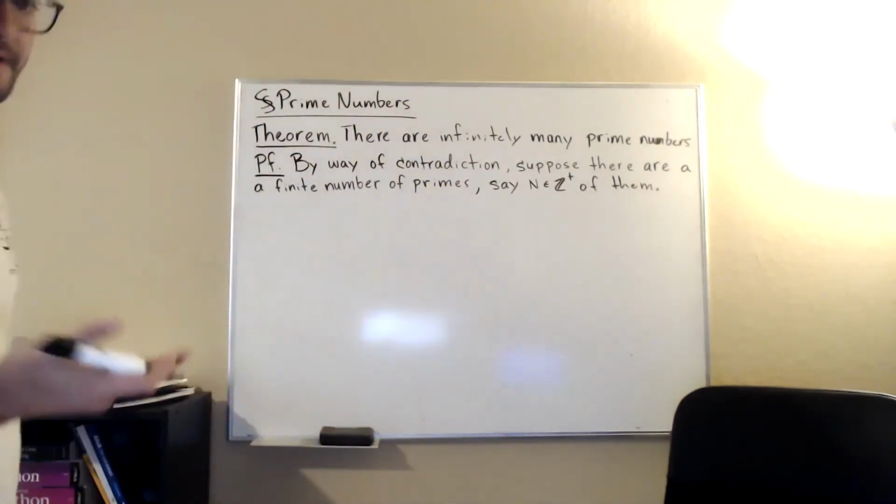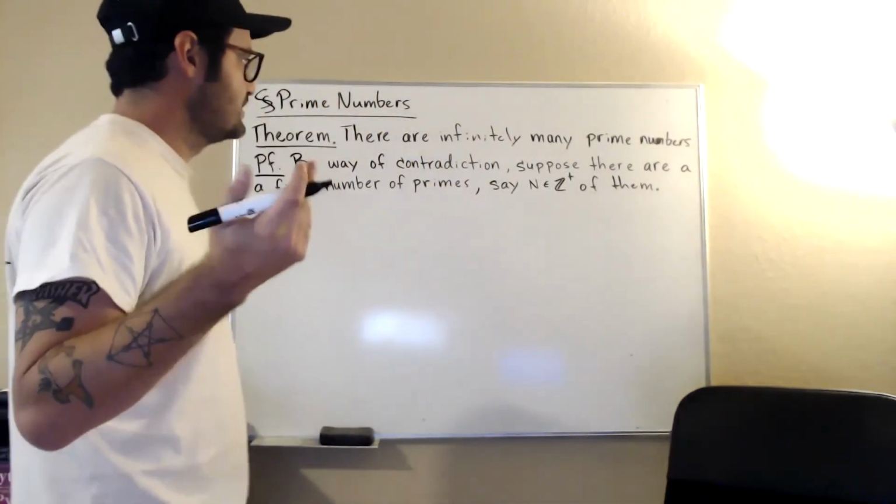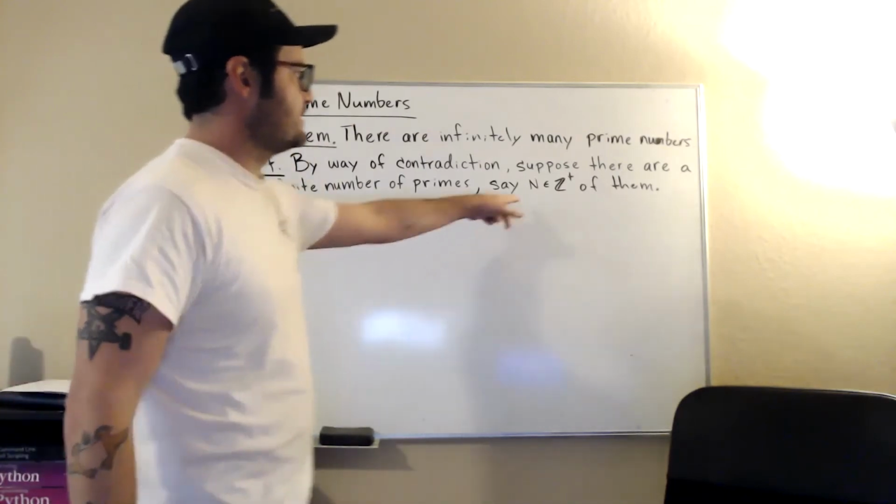Okay, so there's n prime numbers. So a finite number of them, say n of them.